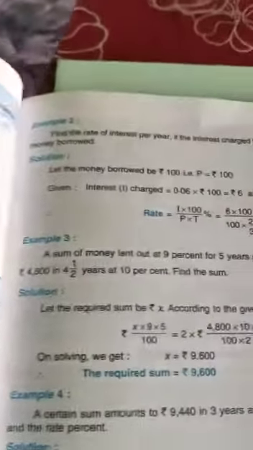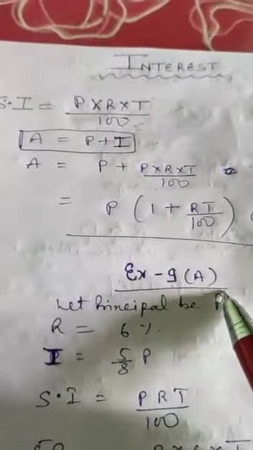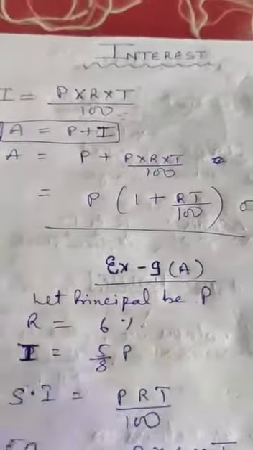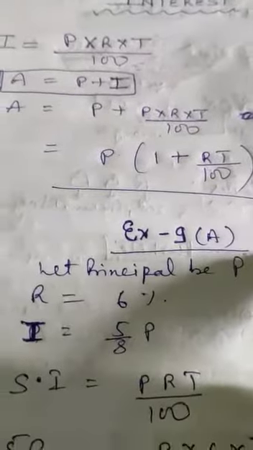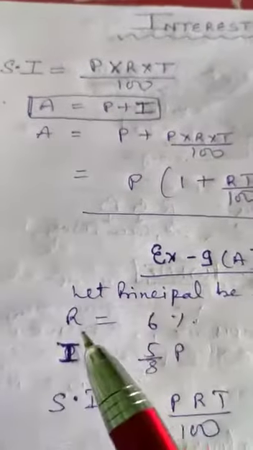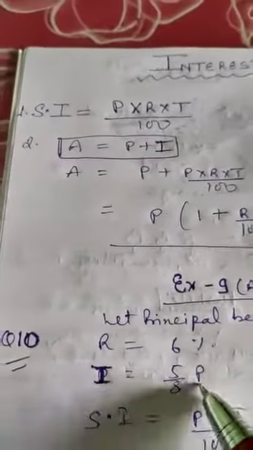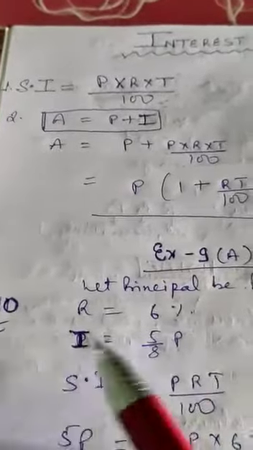Let the principal be P, or you can let X, no problem. Rate is 6%. Interest is 5 by 8 of the principal, the sum.